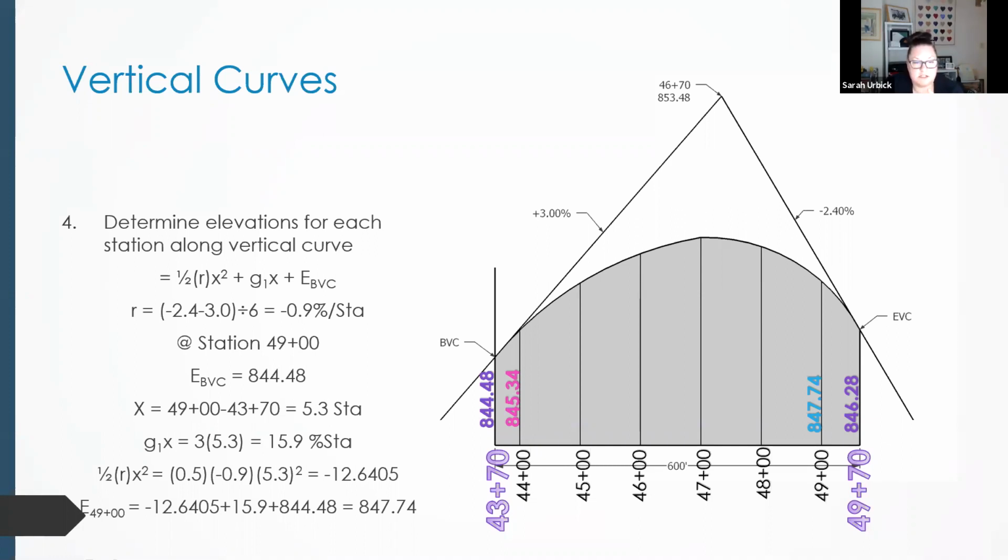I forgot to do the slide. Oops. But we have the formula for highest and lowest points on the curve. That is defined by the negative value of the initial slope, G1, divided by our rate of change.